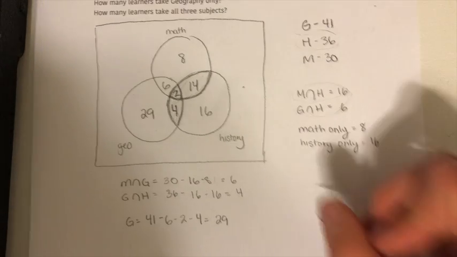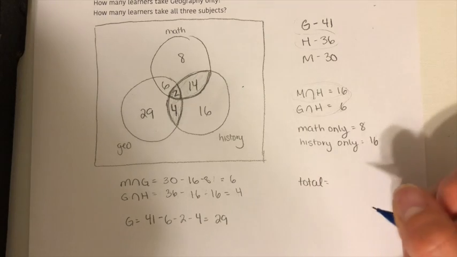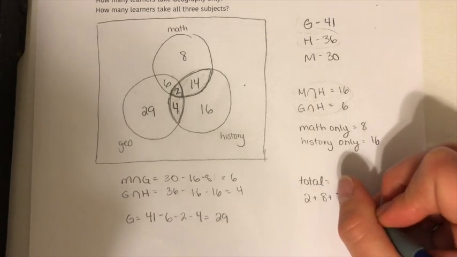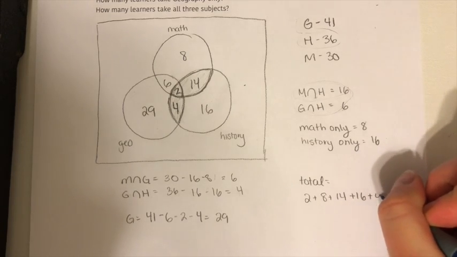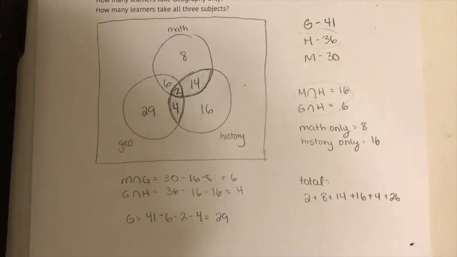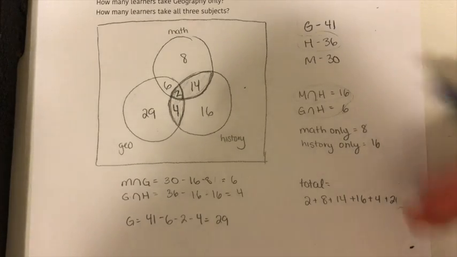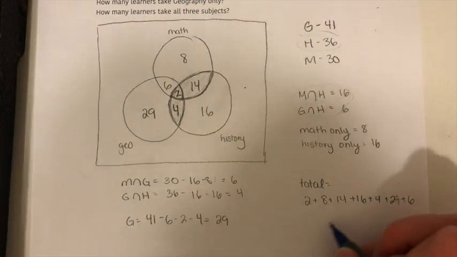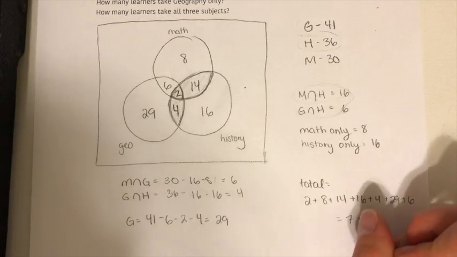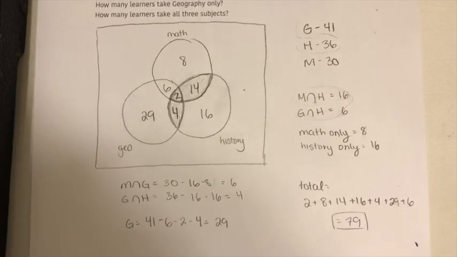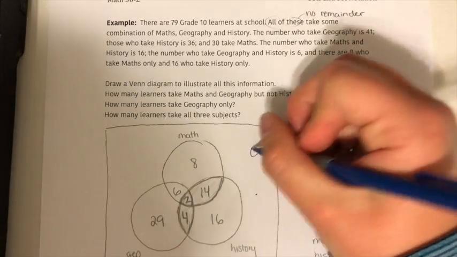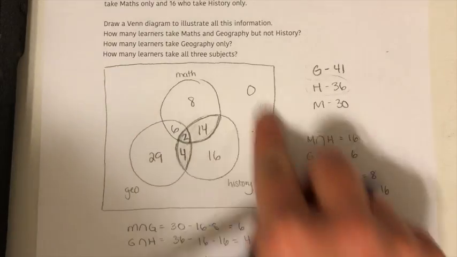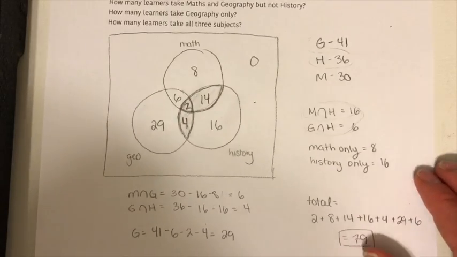Okay, so when we add all that up, we're going to have the middle plus, and then I go clockwise starting from the top so I can keep track of which ones I've done and which ones I haven't. When we add all that up, we get 79. So again, there was not supposed to be anybody outside of the circle. There was no remainder on this. So there is our breakdown of the learners.